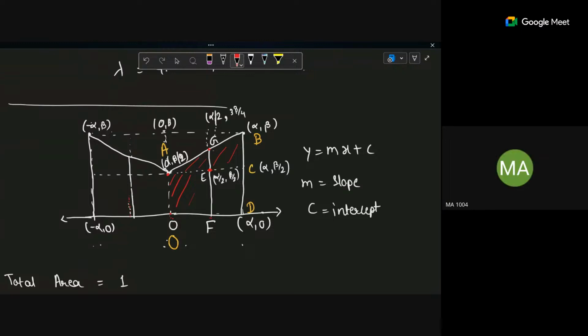E is the midpoint and EG is parallel to BC. You can go with that also. In this way, G is 3 beta by 4, and we can obviate the need of calculating the equation. Yes, correct.